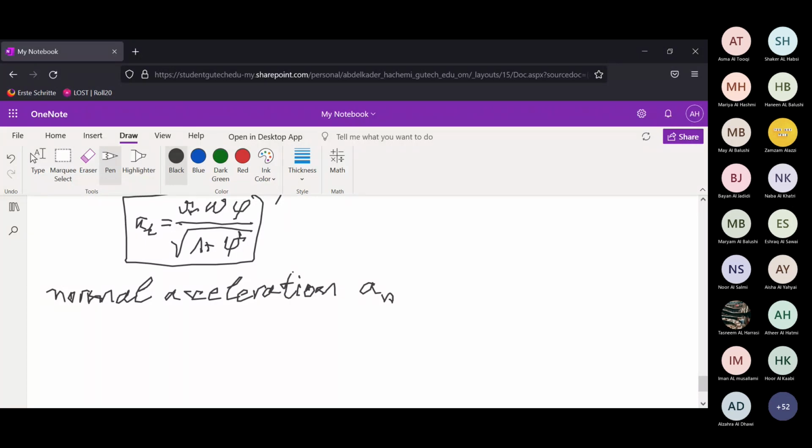We always have a equal to, as we saw in the lecture, a tangential et plus an.